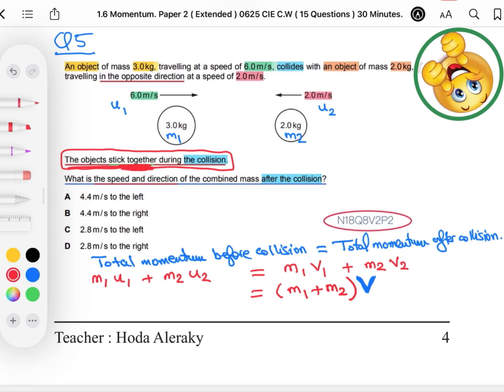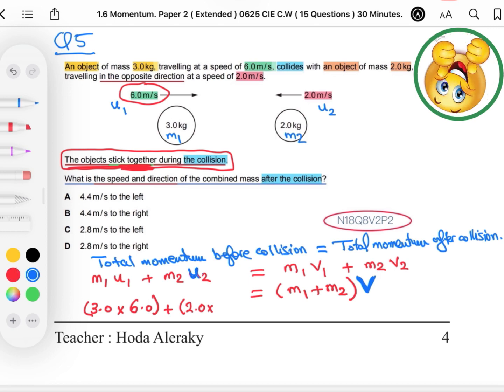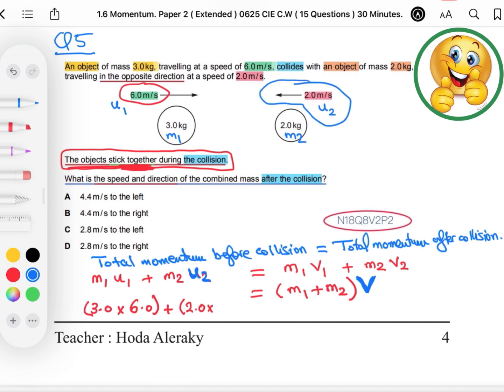So when you substitute, M1, the mass of the first one, is 3 times 6 for U1, plus M2, which is 2 times, pay attention here, U2 in opposite direction to U1.